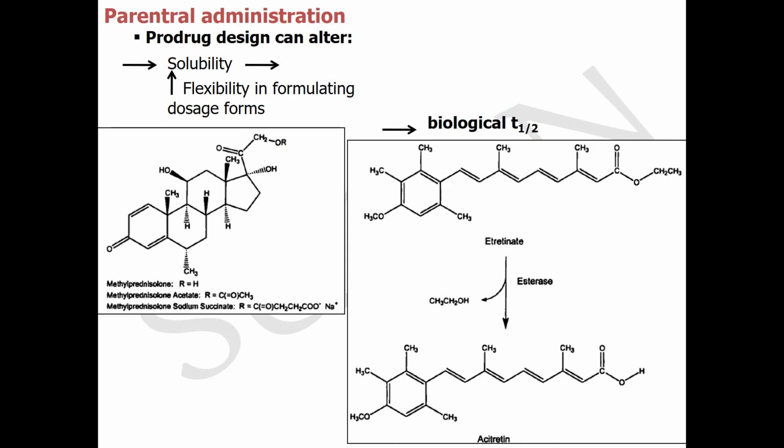The prodrug design can also alter several other properties. For example, prodrug design can alter solubility characteristic, and this will give or increase flexibility in formulating dosage forms. The example of prodrug design that can alter solubility is methylprednisolone. أيضا هاي الستركتشرز مطلوبة.